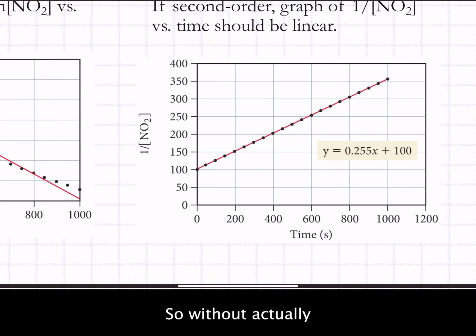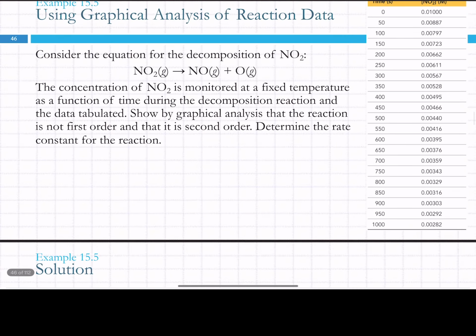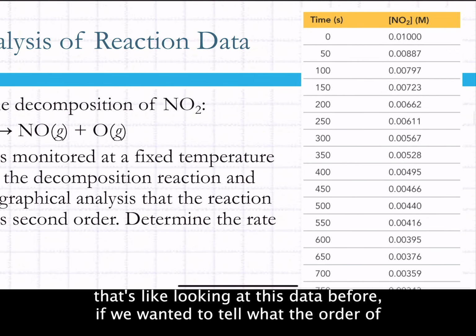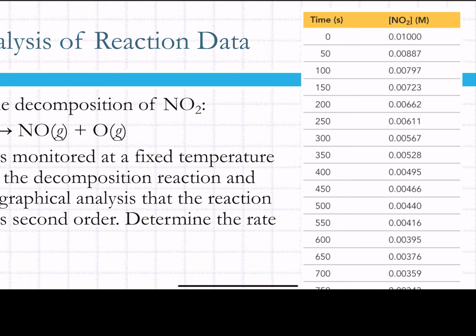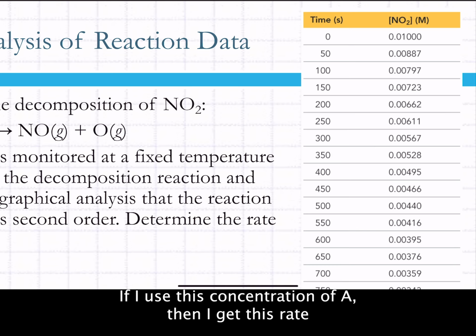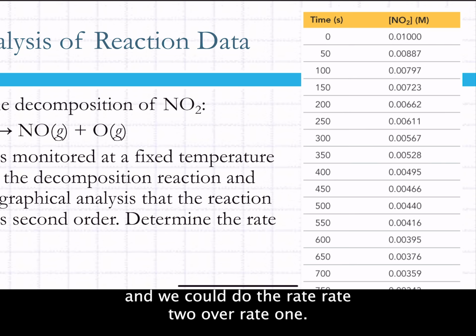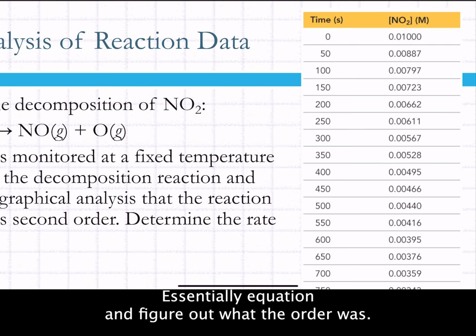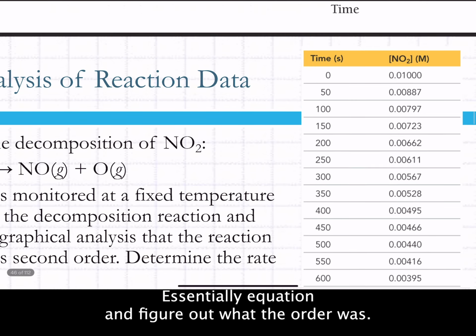So before, if we wanted to tell what the order of a reaction was, we had data that said, if I use this concentration of A, then I get this rate. If I use this concentration of A, then I get this rate. And we could use the rate 2 over rate 1 equation and figure out what the order was.